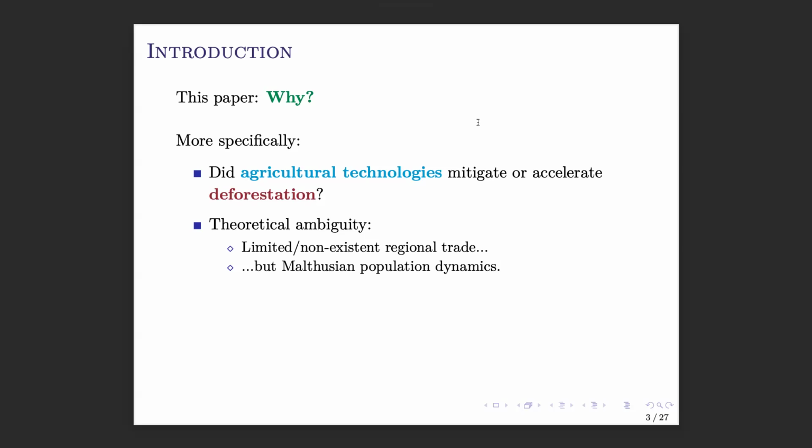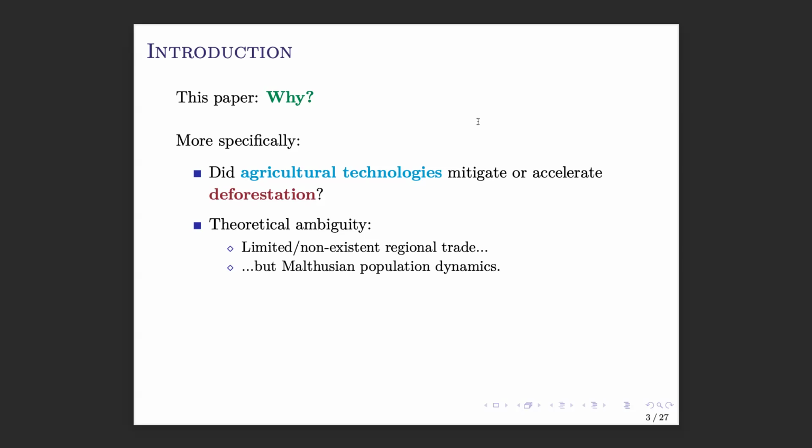So in particular, improvements in agricultural technology, this is what the environmental literature tends to think, are influenced by trade. So you expect in the presence of trade a high price elasticity of agricultural output.